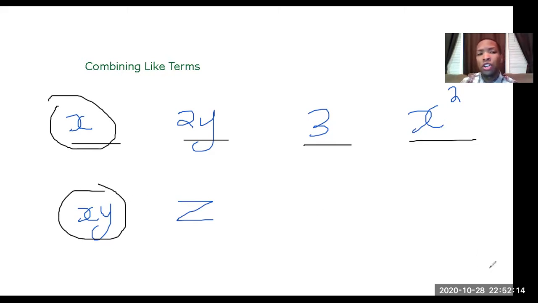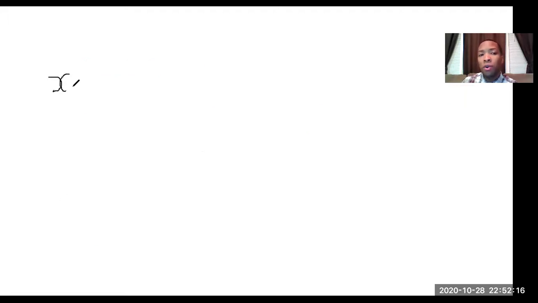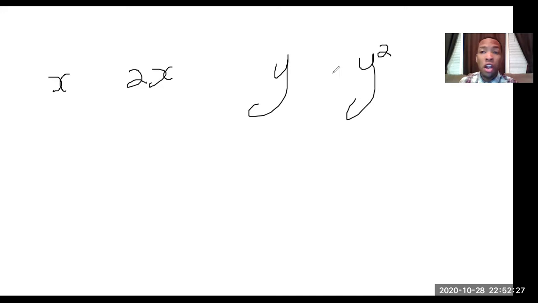When we talk about like terms, they have to be similar. So x and 2x would be similar, because they both just have the variable x. If I look at y and y squared, those are not similar because one is y and one is y squared.